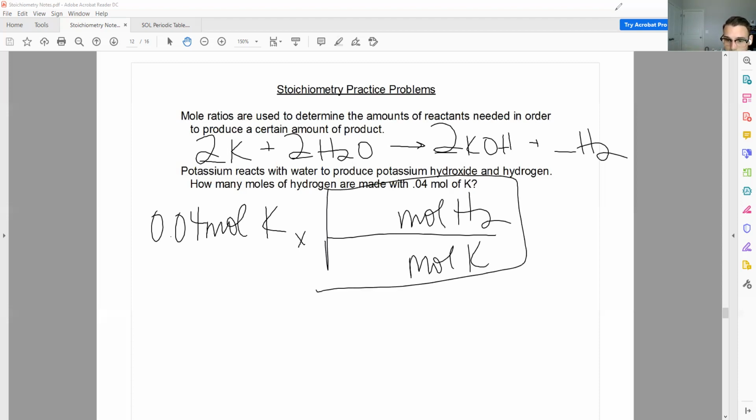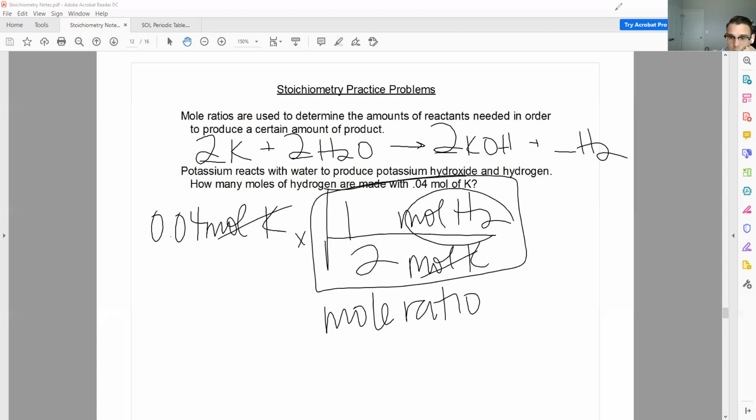This step right here, when you're going from moles to moles, that is your mole ratio. And you get the coefficients from the balanced equation. 2 moles of potassium, 1 mole of hydrogen. Moles of potassium cancel, you're left with moles of hydrogen. And you're just dividing by 2. That's the most basic mole to mole conversion. Let's do some more.